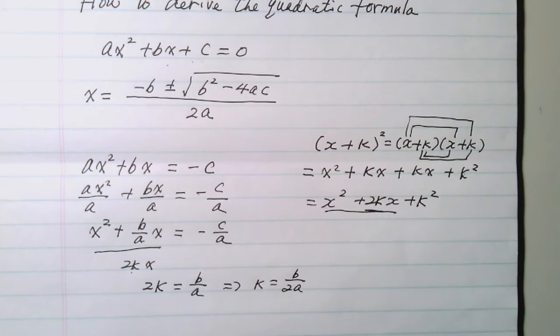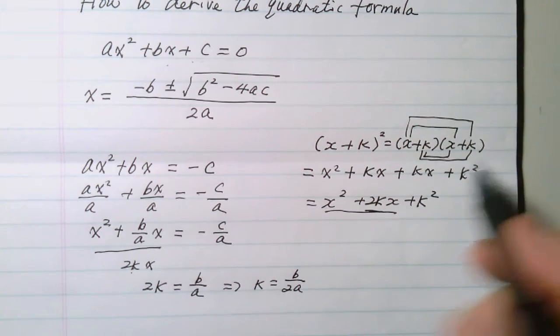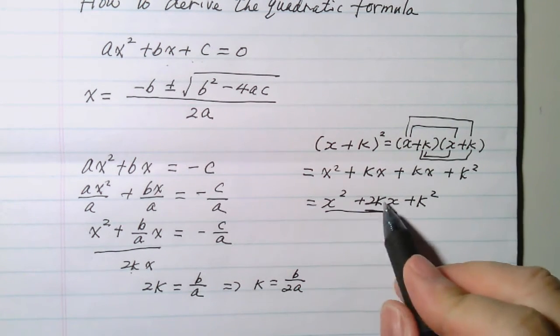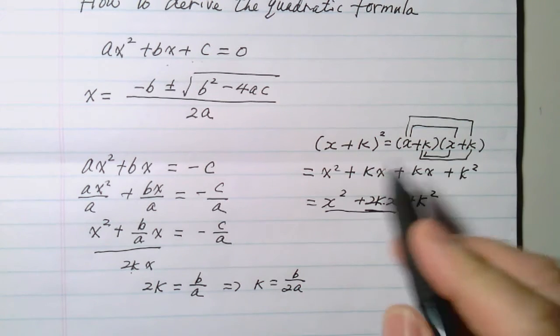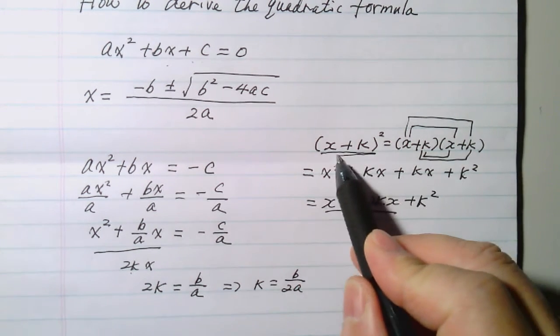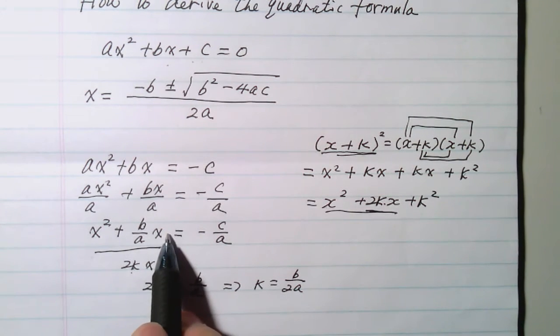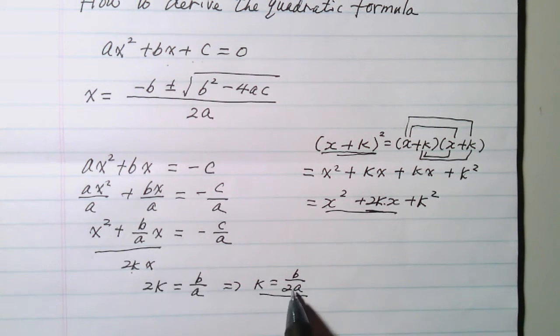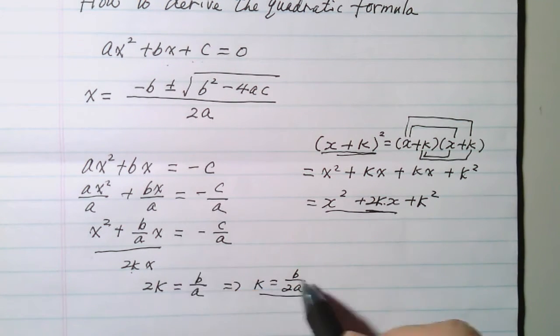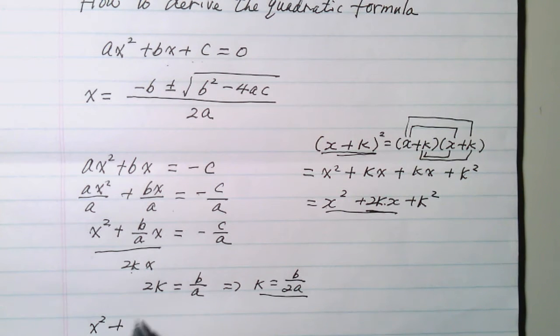Now remember, if I have x squared plus 2kx plus k squared, I can write this as a perfect square. So now I need to add k squared, where k is b over a divided by 2. So I have x squared plus b over a x plus b over 2a, squared.